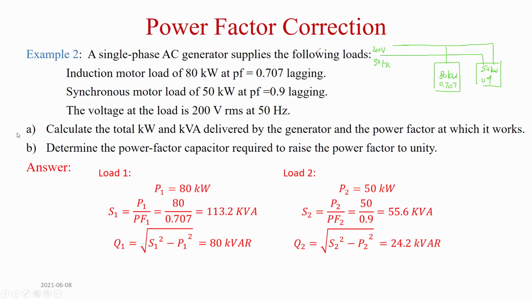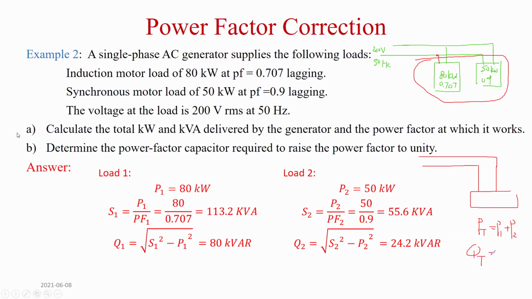So first, when we do those questions, we're gonna combine these two loads into one load. This is total. These two together as one load. How? We're gonna add P here and P here, and that is P total. If you have more than 2 or 3, you just add them. Then you find the Q total, again by adding Q1 plus Q2.